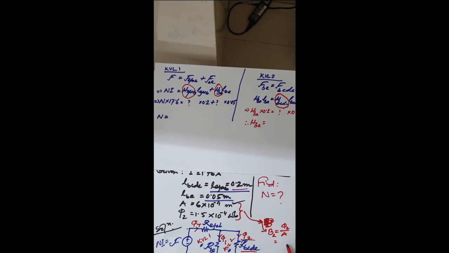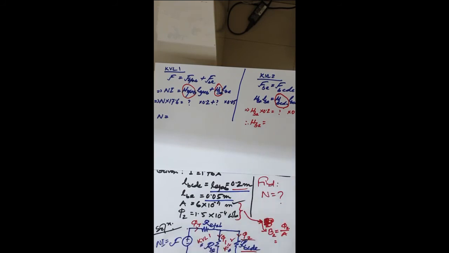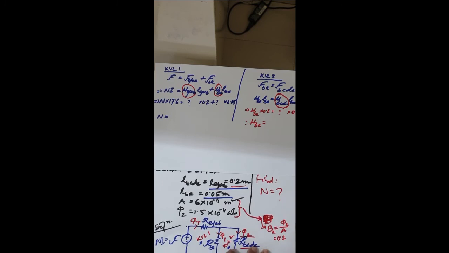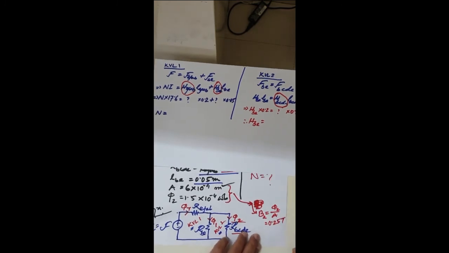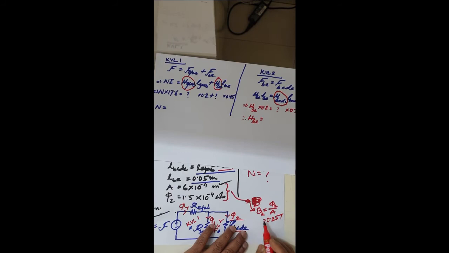So phi 2 by A gives you the value 1.5 times 10 to the minus 4 divided by 6, and that gives you 0.25 Tesla.